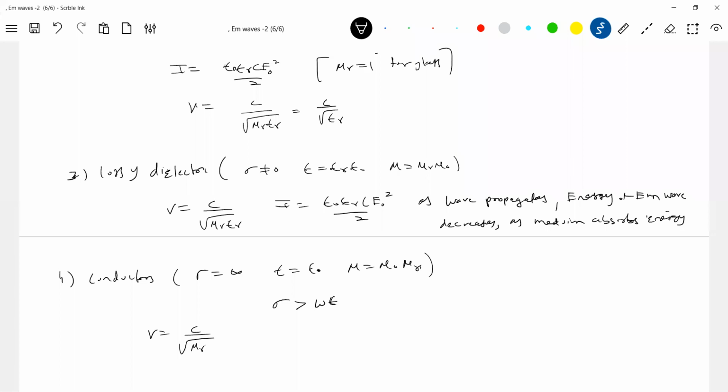Sigma will be very much greater than this quantity. So what will happen to the EM wave? Can it pass through a conducting medium? Another condition will come for that. And what is the mu r for conductors? Very high, no? So what is the speed of the EM wave? It will be very less. So if you want to block the EM wave, yes, you can take the help of conductors.